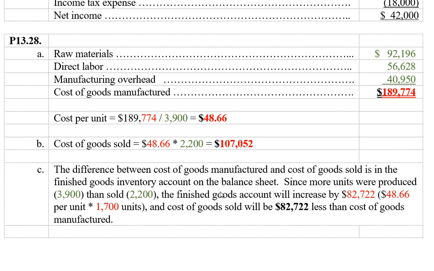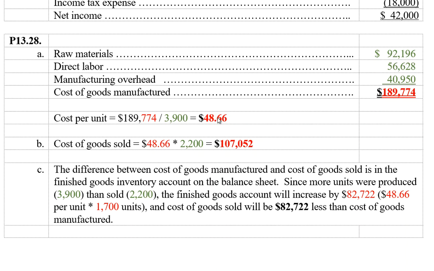the difference between cost of goods manufactured and cost of goods sold. And between the two is 3,900 and 2,200. So that's 1,700 units. So the finished goods account's going to increase because you made more than you sold. So the finished goods account will increase by 82,722. How did we get that?